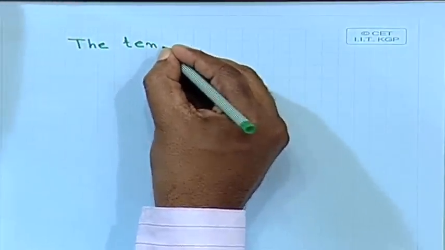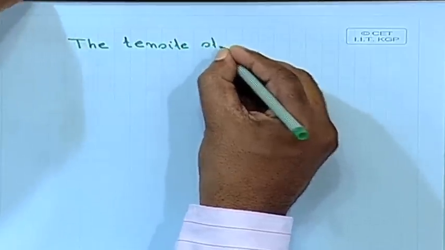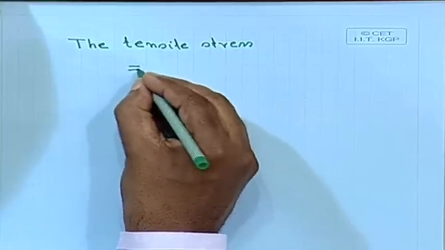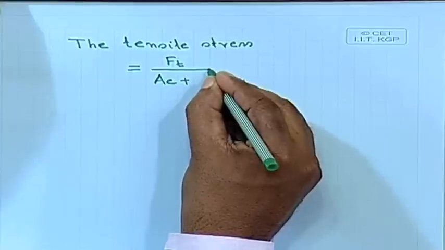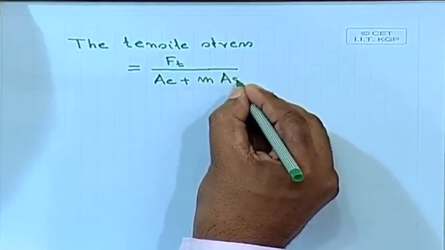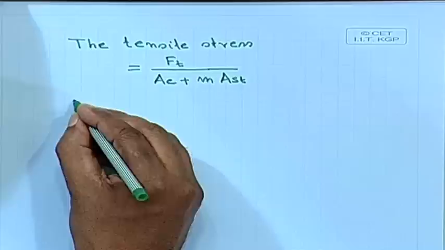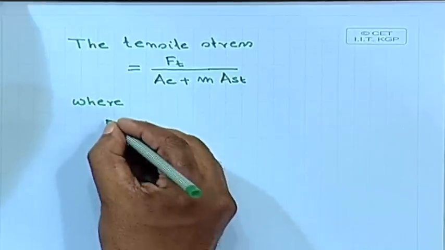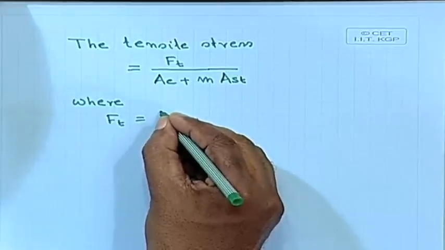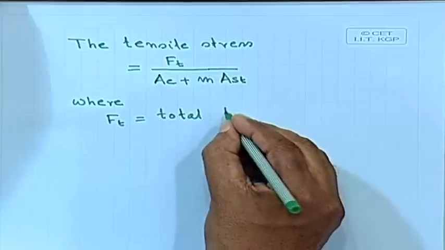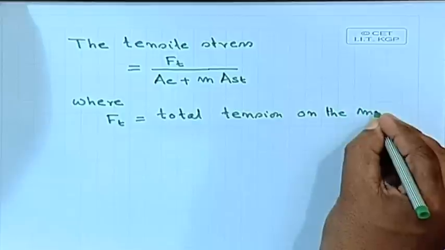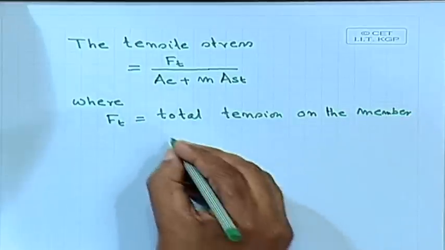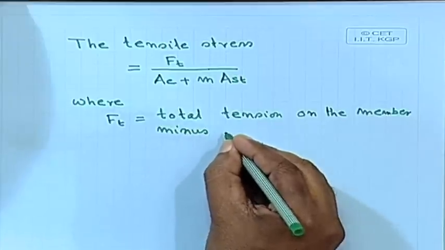The tensile stress equals Ft divided by AC plus m AST, where Ft equals total tension on the member minus pretension.